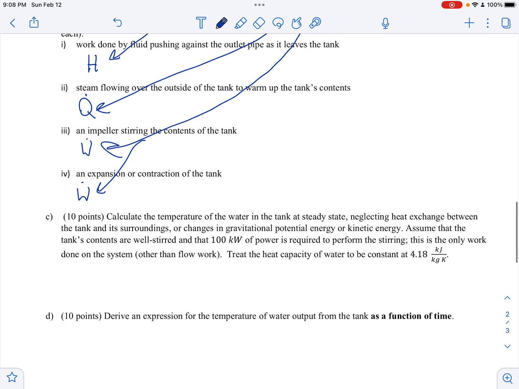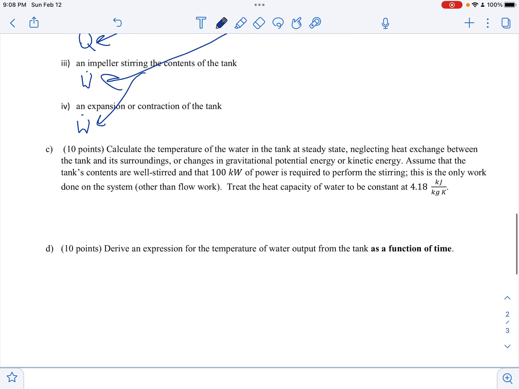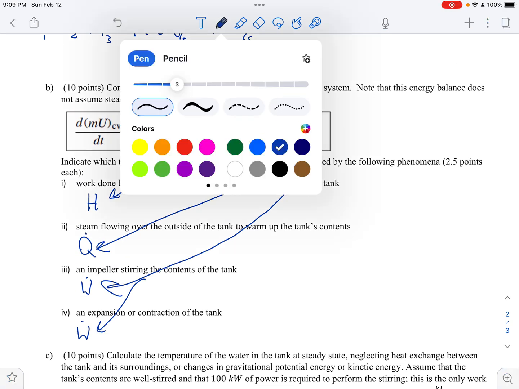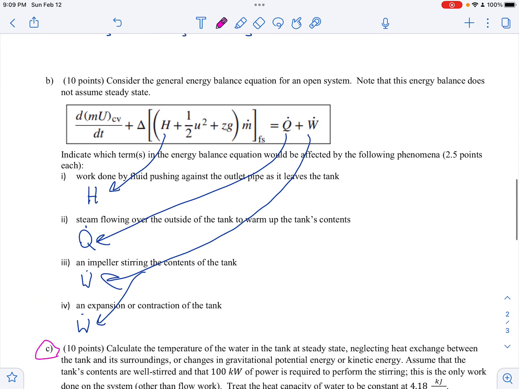Now we have to calculate the temperature of the water in the tank at steady state, neglecting heat exchange between the tank and its surroundings or changes in the gravitational potential or kinetic energy. So I'm going to change colors here, and this problem is going to associate with the pink color.